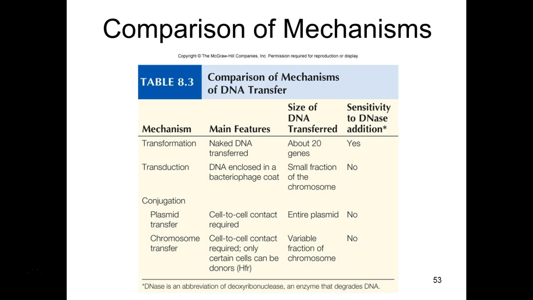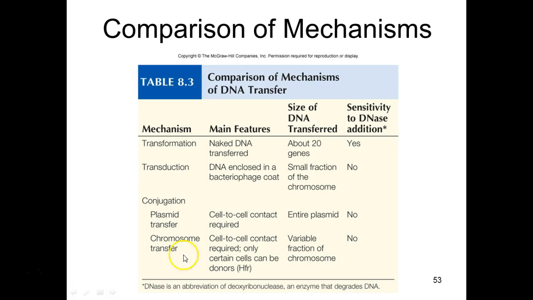Where, remember, in transduction, where is that DNA traveling from one cell to another? It's inside the virus. So if there's DNases, they can't get to it. The virus protein coat protects it. It can't stop that process.